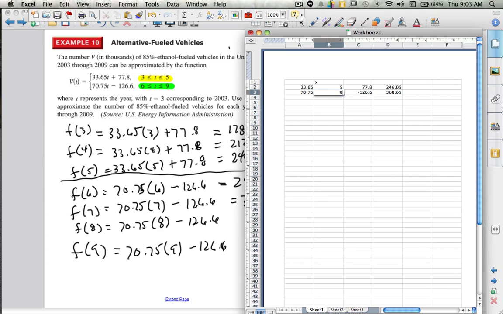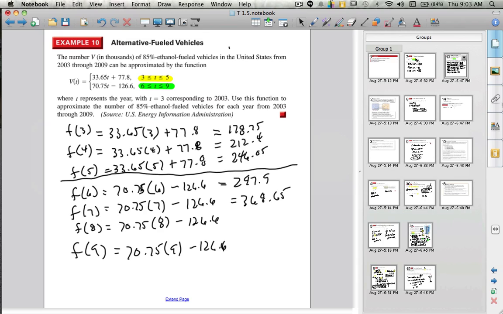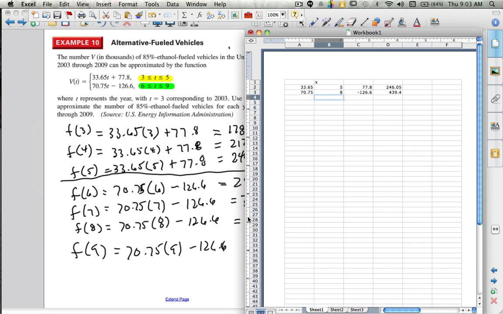If I pop in 8, I get 439.4. And then I pop in 9, and I get 510.15.